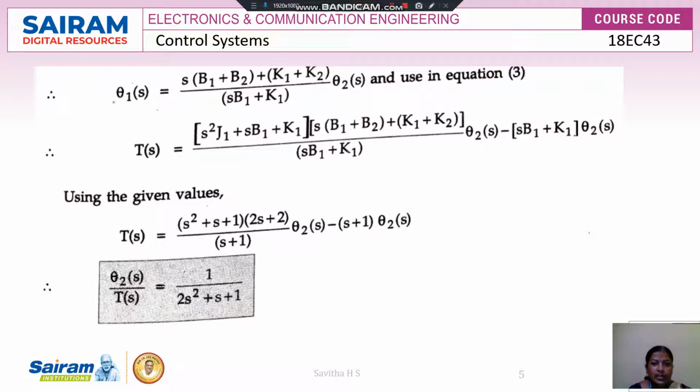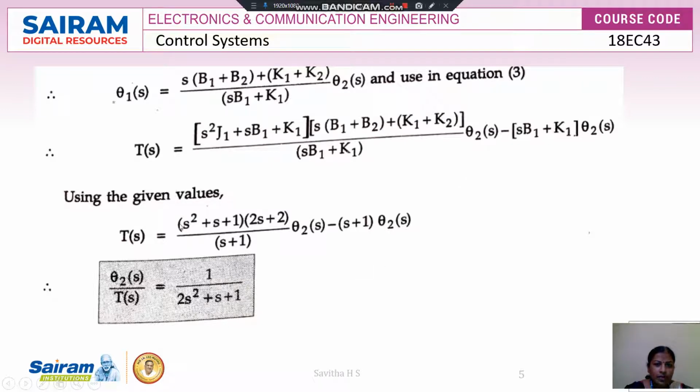Substituting this expression in equation 3, T(s) = (s square J1 plus s B1 plus K1) into (s(B1 plus B2) plus K1 plus K2) divided by (s B1 plus K1) theta 2 of s, minus (s B1 plus K1) theta 2 of s. Now in both terms theta 2 of s is common.